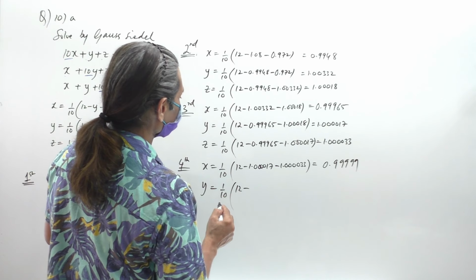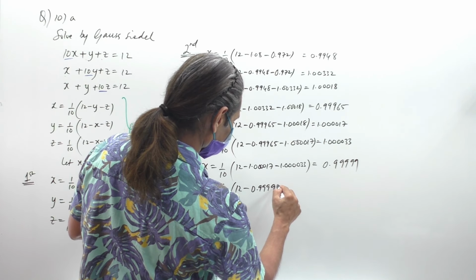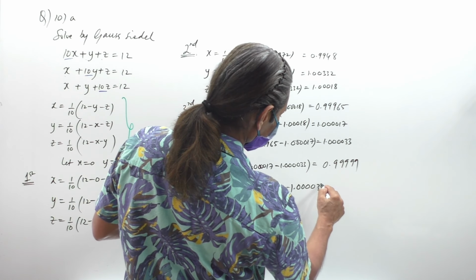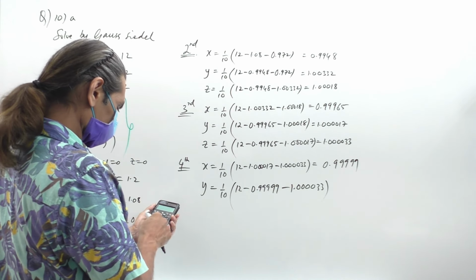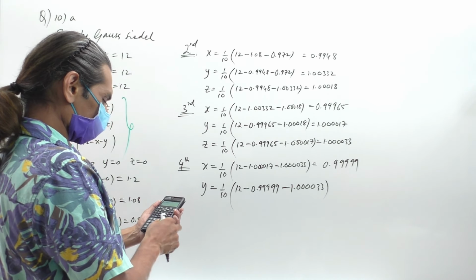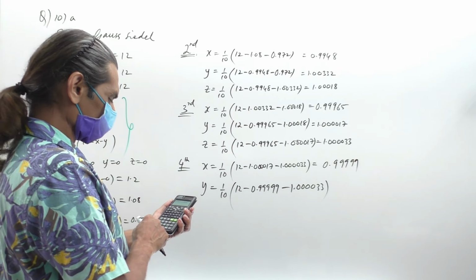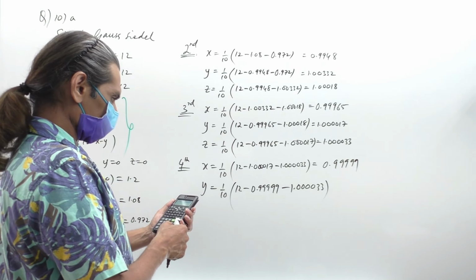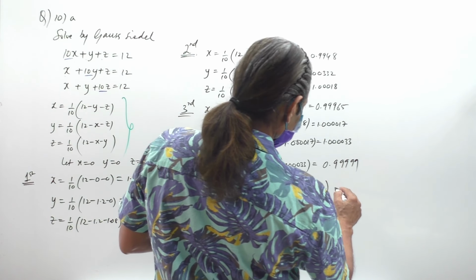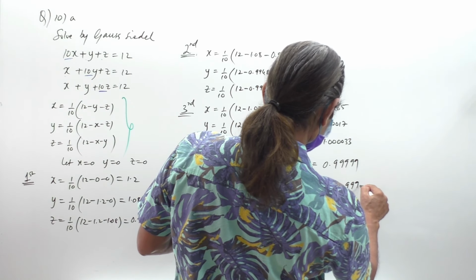Then again lastly y is equal to 1 by 10, 12 minus x minus z. So 12 minus x, new z is 1.123433. So 12 minus answer minus 1.123433, divided by 10, is equal to, it's approximating to 0.12345.